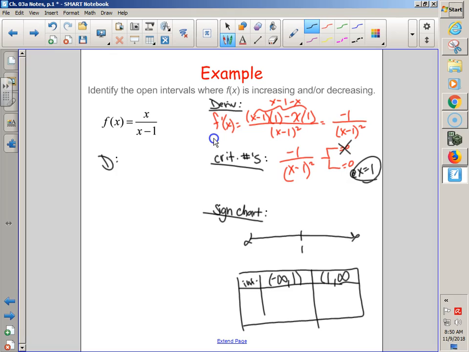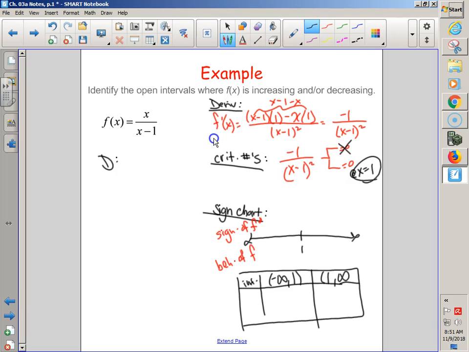Both of them need to pick a test point, a test value, something in between and something in between, and look at the sign of f prime and the behavior of f.